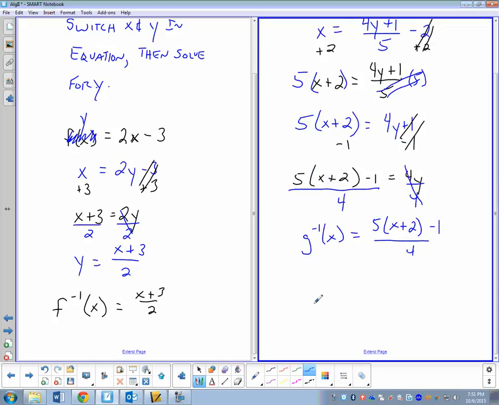If you wanted to distribute, it would be this. 5 times x is 5x. 5 times 2 is 10, but then you'd be doing 10 minus 1, which is a positive 9 over 4. So I would accept either of these as my answer.